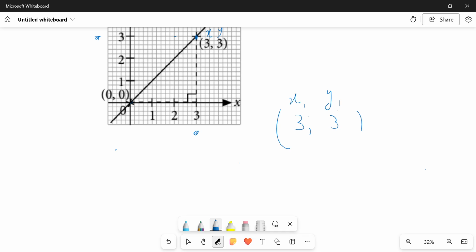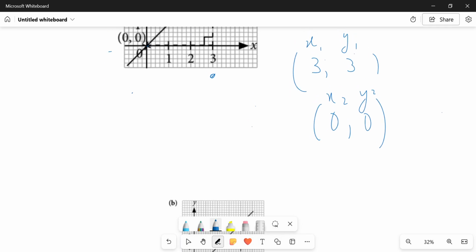This is the second coordinate. So we can say that 0 and 0 is x2 and y2. We have found 2 points. It's not necessary; you can call this x1 and y1 and the other x2 and y2. In the end you will get the same answer, right?